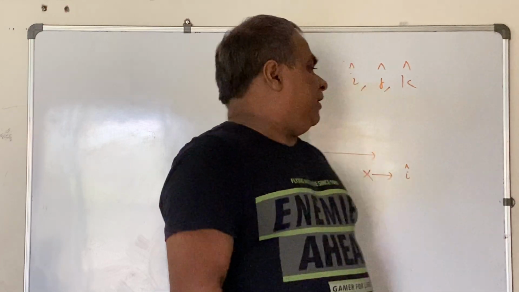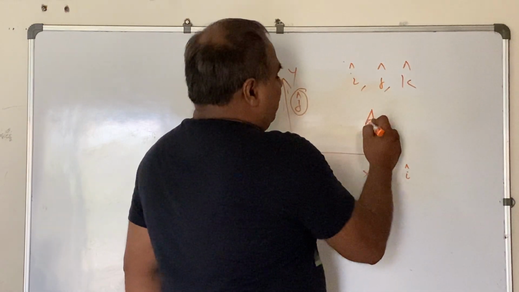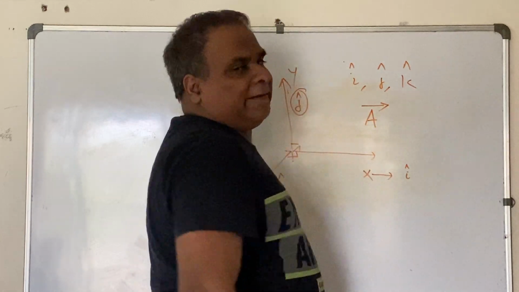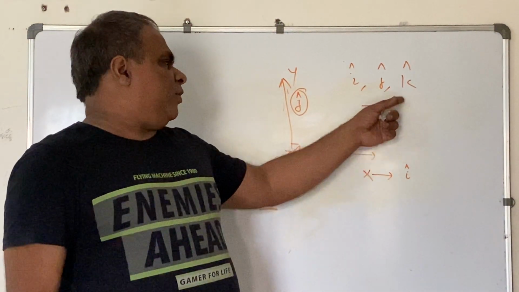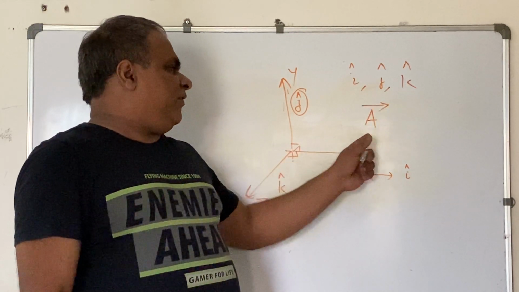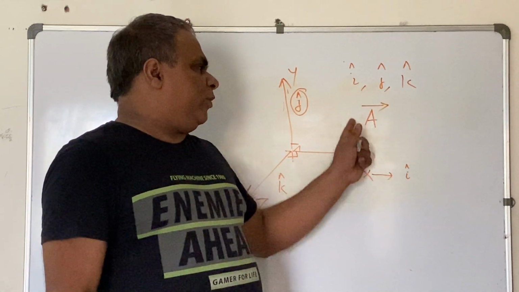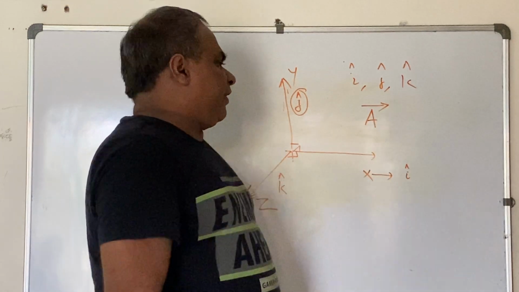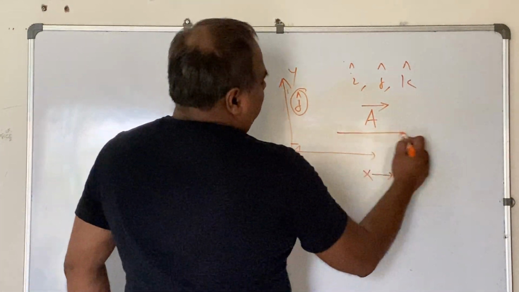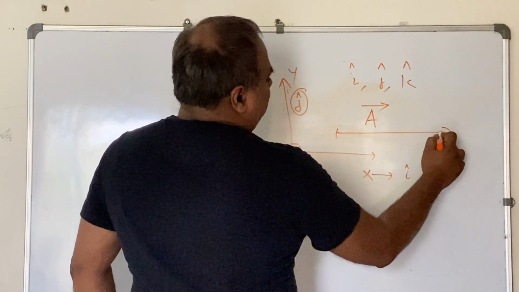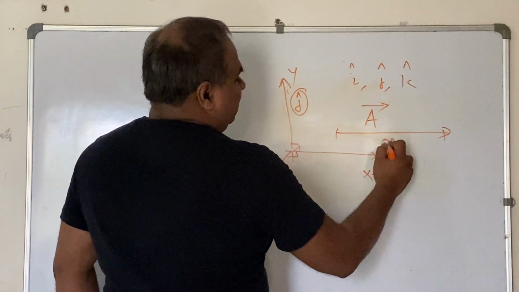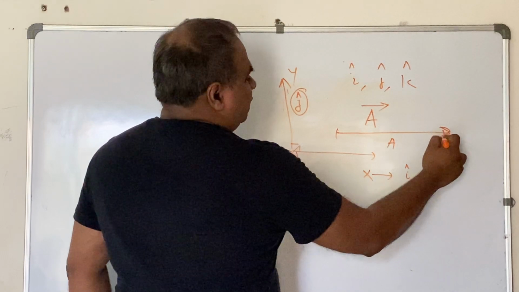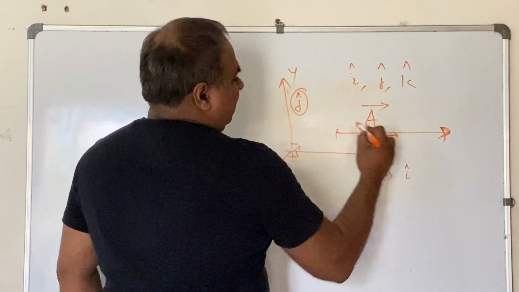This is the way you will represent it. This is vector A, right? This is the way when we write it in your notebook or textbook. The vectorial representation is a straight line. The length of the straight line gives the magnitude, and the arrowhead gives the direction. This is vector A.